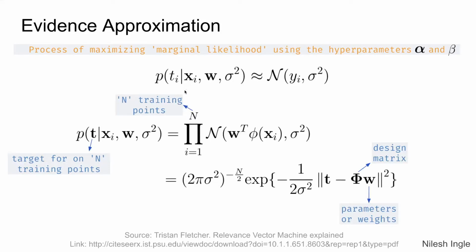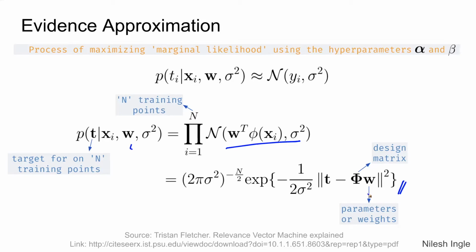Thus, if we have n training examples, then we can write this equation as shown here, where the probability for t again depends on the number of inputs xi, parameter w, and the variance sigma squared, and that is based on the product of this term right here. And in the output, what we get is t minus phi into w, where phi is the design matrix, which is all the values for the features, and w are the parameters or the weights.